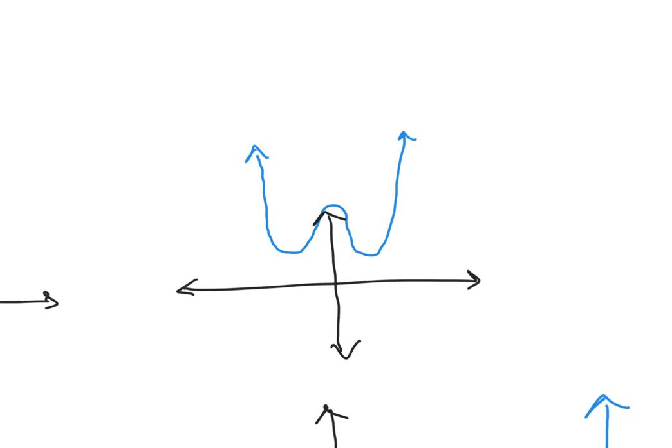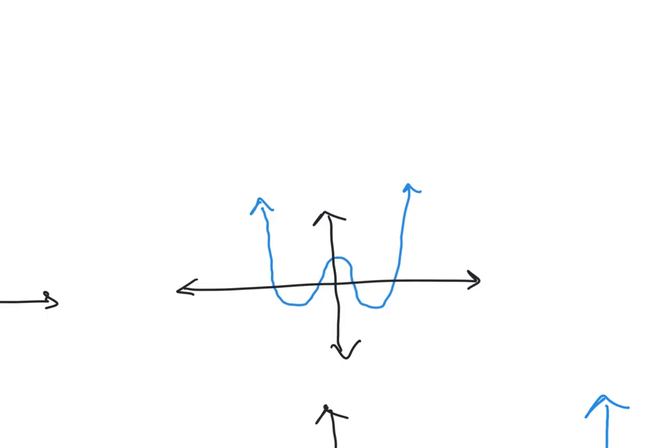We can also move it down, and if we move it down, and this is not a great picture, those should be level, we can have 2 x-intercepts. We can move it further down, and we have 3 x-intercepts. Or we can move it to where the x-axis is in between this, and we have 4 x-intercepts.